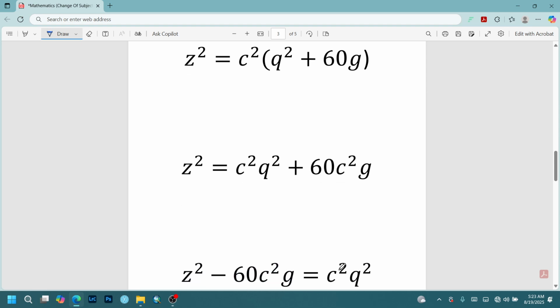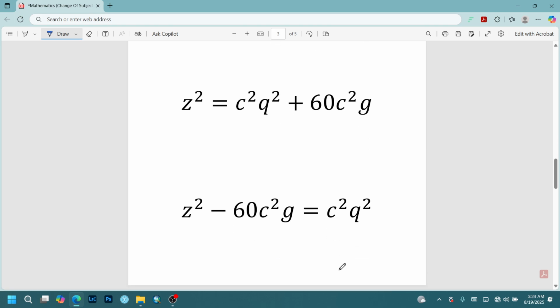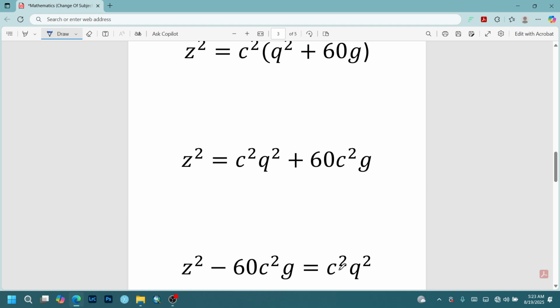So then we group like terms, okay? We want k to be the subject of the relation, so we give it a fertile ground by letting it stand alone, right?